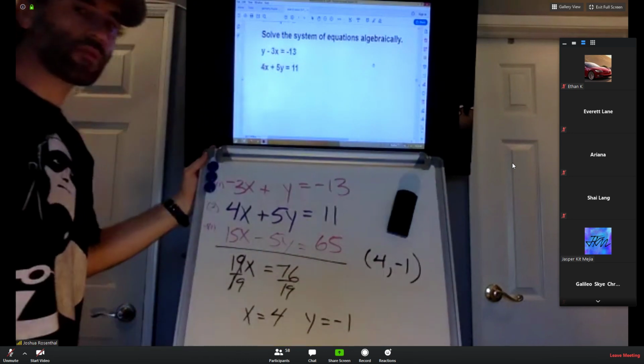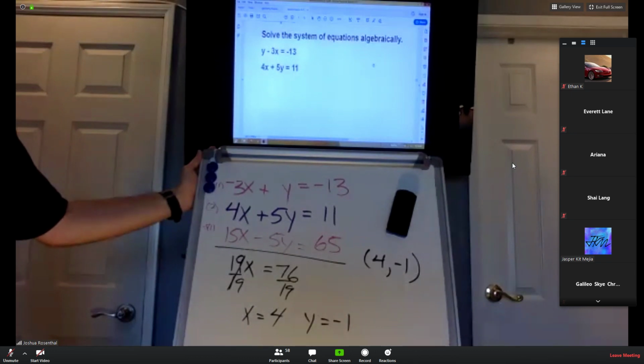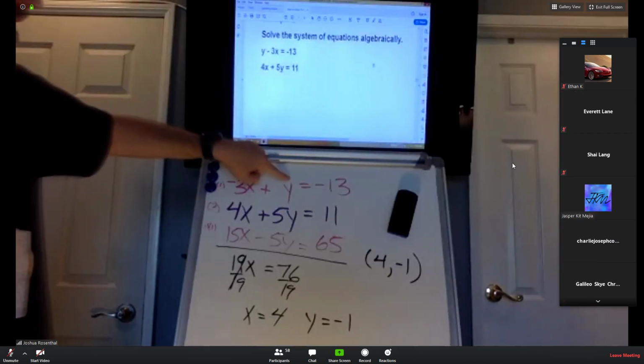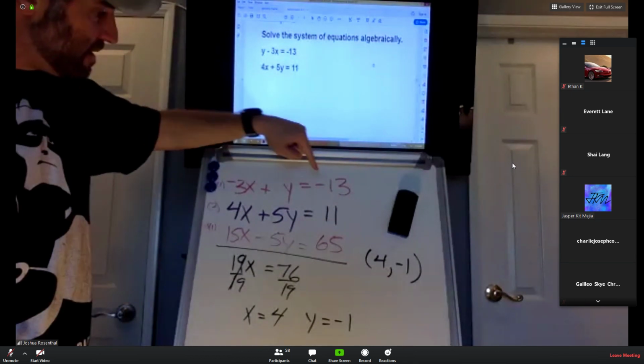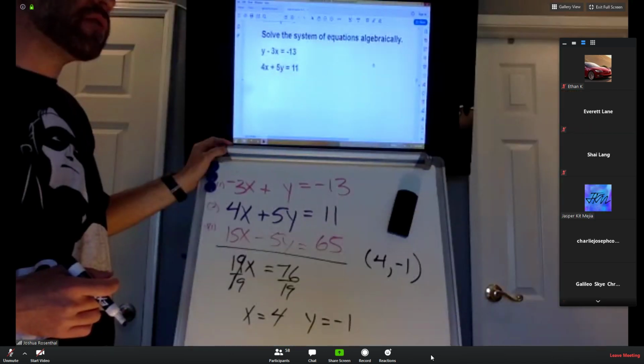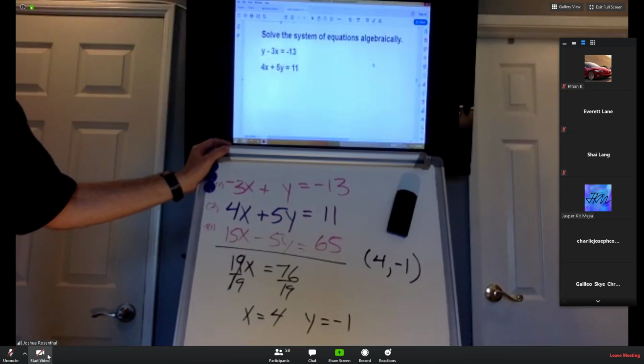Mr. Rosenthal, where did you get the 15 from? I multiplied everything in my first line by -5. What allows me to do that is the multiplication property of equality, which says that if I multiply by -5 on one side, that's okay as long as I multiply by -5 on the other side.